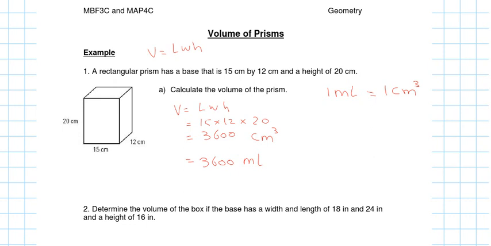Because each liter is 1,000 mL. So if I want to find this in liters, I go 3,600 times 1 liter divided by 1,000 mL, and that would give you 3.6 liters.